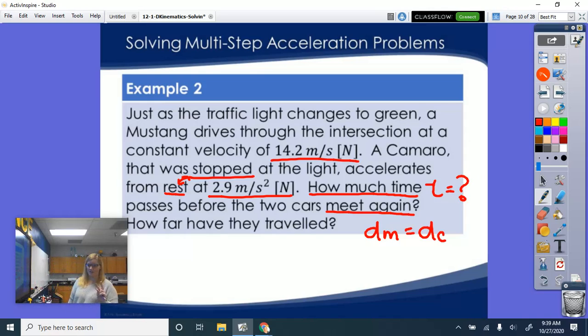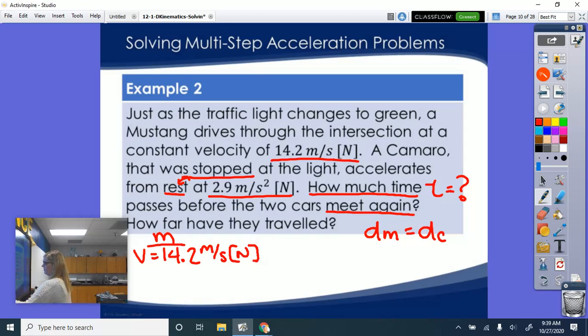So I'm going to break this information into my 2 sections again. First, I have my Mustang. So it's going at a velocity of 14.2 meters per second north. And I can label this V1. It's also going to be V2 because I'm not changing my speed at all, which means my acceleration is nothing. I'm not accelerating at all. I'm just going that same exact pace.